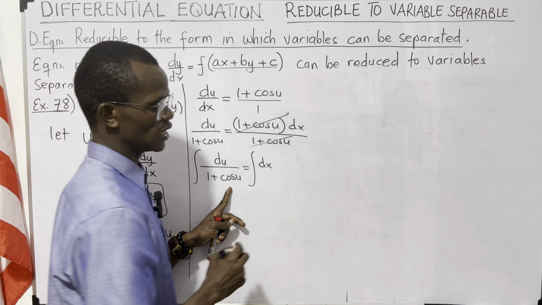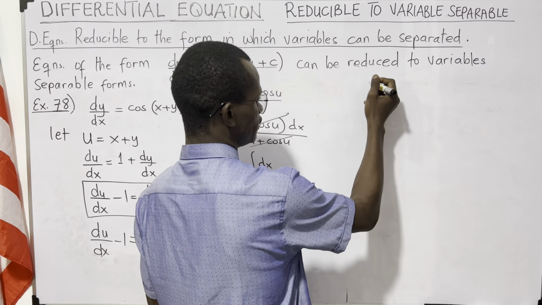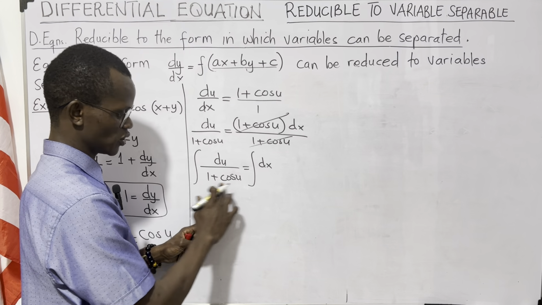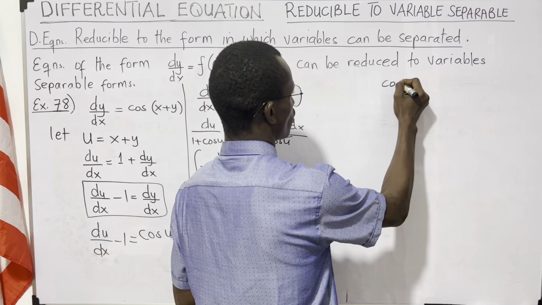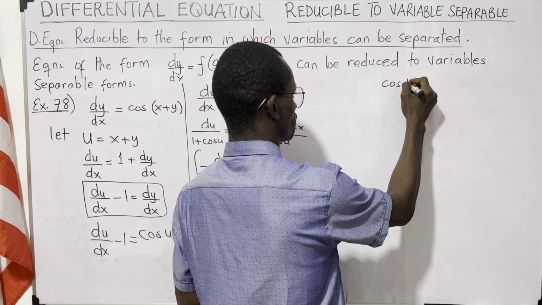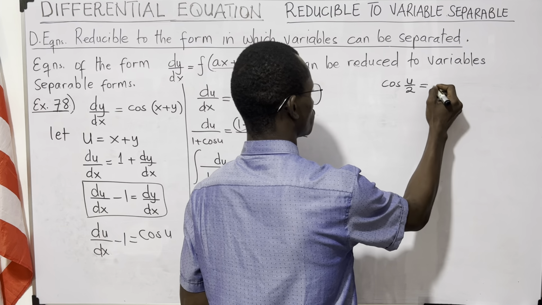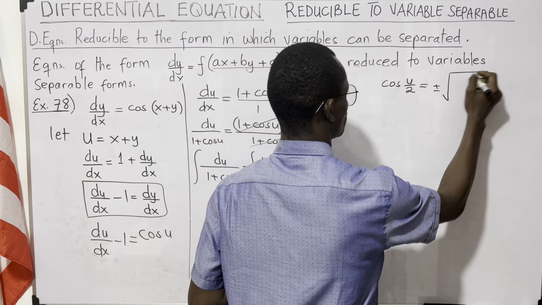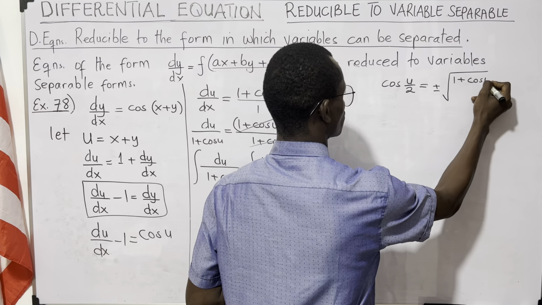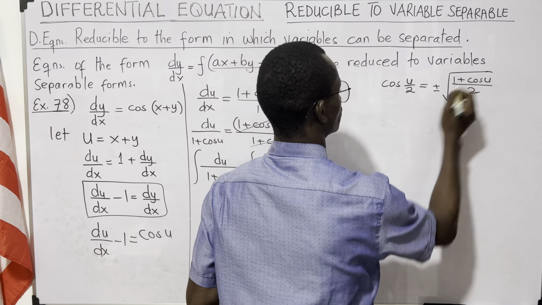We saw in a previous video that we use the half angle identity for this expression. So we know that cos of u over 2 is equal to plus or minus the root of 1 plus cos of u all over 2.